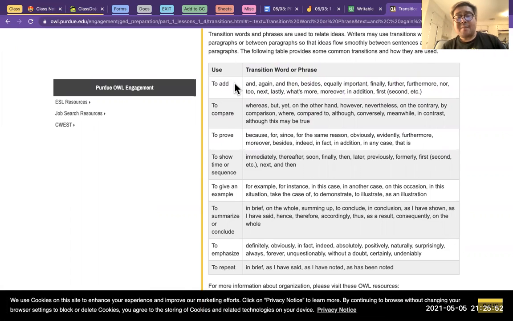If you want to add something, you say again. I would like to say that blah blah blah is this because of that. Or if I wanted to compare something, I could transition by saying, on the other hand, metaphors in informational texts don't really work as well because they don't.